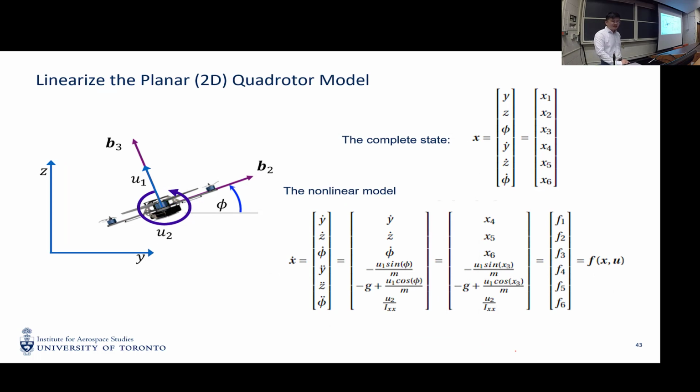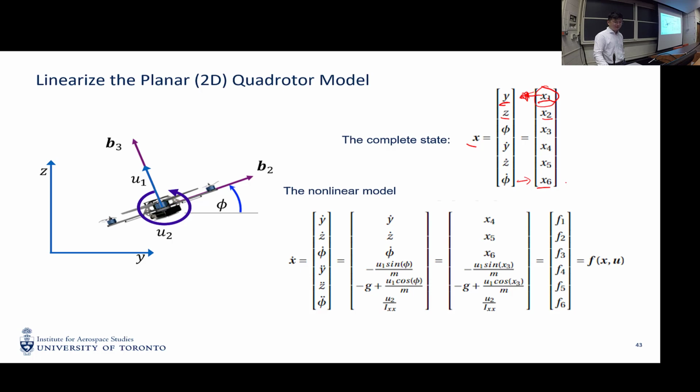So the first step you need to do is to rewrite the total state by using indexed variables. This is so that you can better calculate the Jacobian of the system later. Here it means that y corresponds to x1, and z corresponds to x2, and so on and so forth. Phi dot is x6.